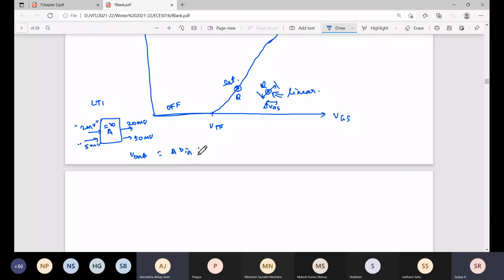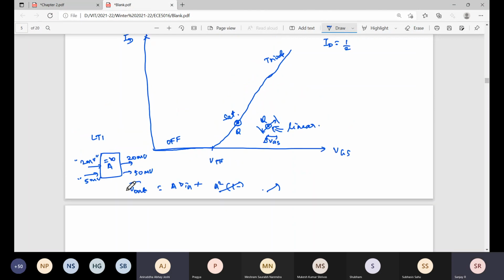If you come into non-linear behavior, a non-linear term will come into the picture, like A squared terms. I cannot write it exactly, but we are always interested in studying the linear behavior. So to study it, we need to model our transistor for a small signal.